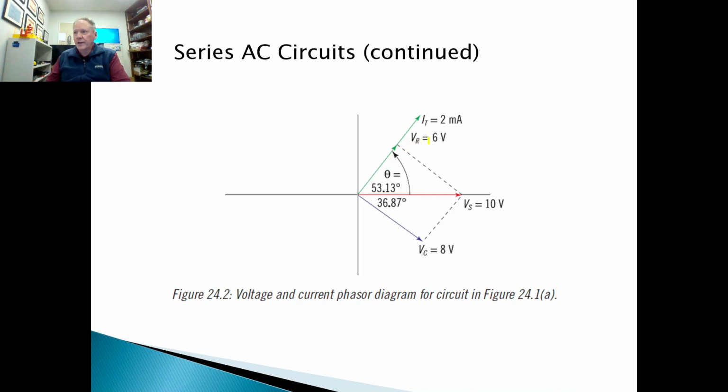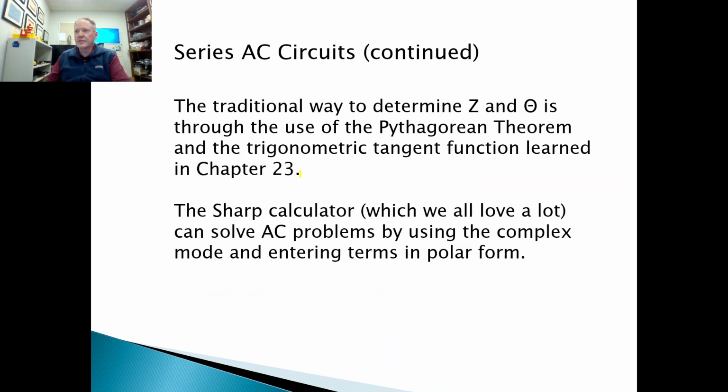And then the source voltage is 10 volts, and then the current is going to be the 10 divided by the impedance, and that gives us our current, which is 2 milliamps. All right, so let's look at this and calculate this.